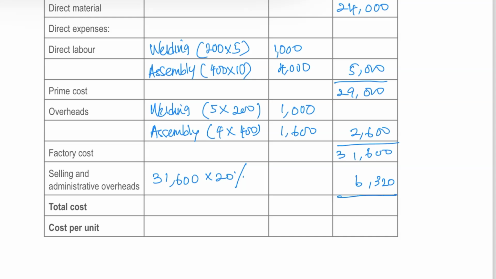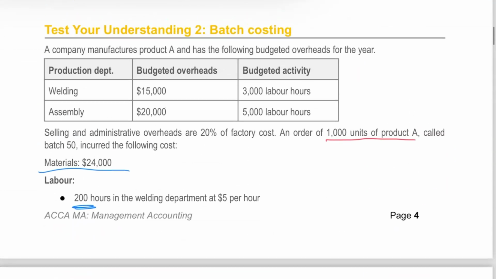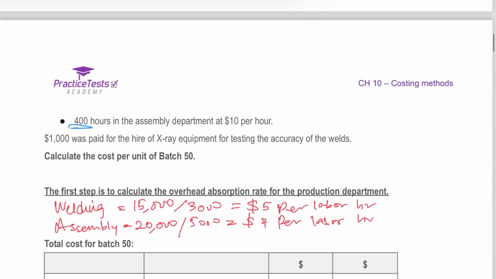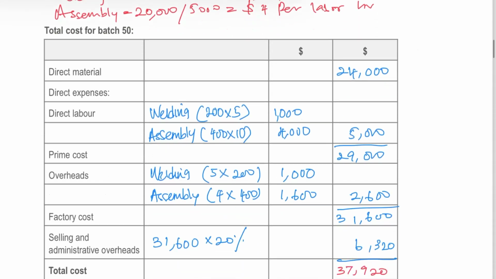So total cost will be 37,920. So this is our total cost. Cost per unit will be 37,920 divided by 1,000, which will give us $37.92 per unit. So I hope that was clear. So we can see how we work through the information in the question to get our total cost.